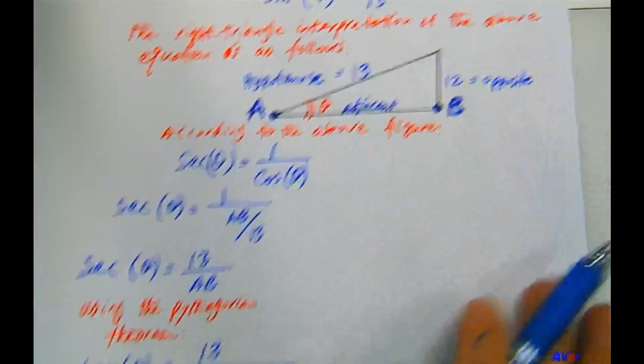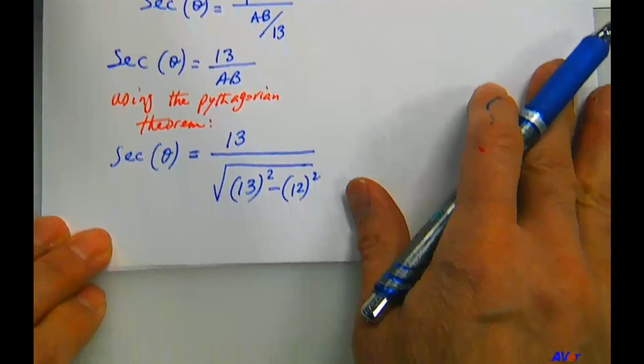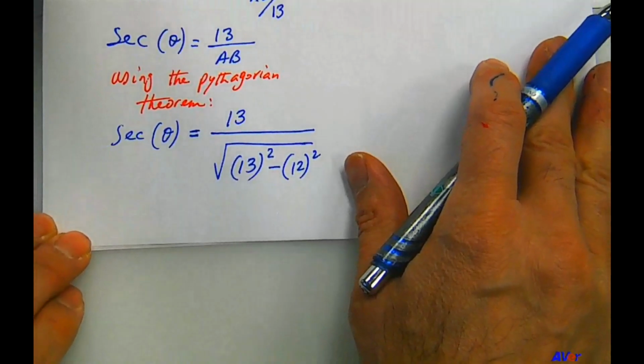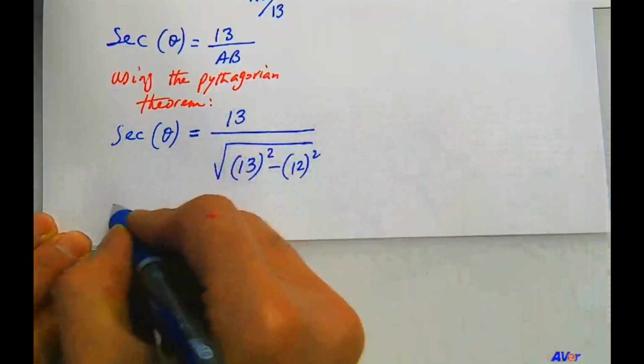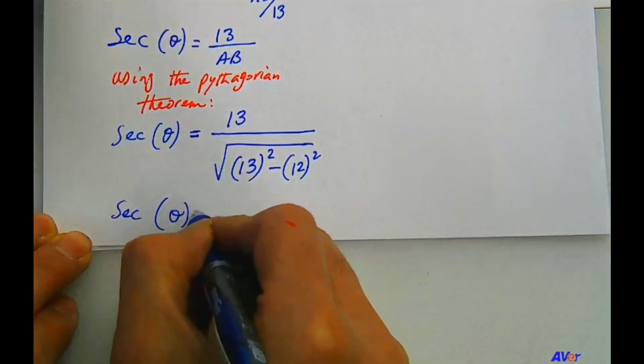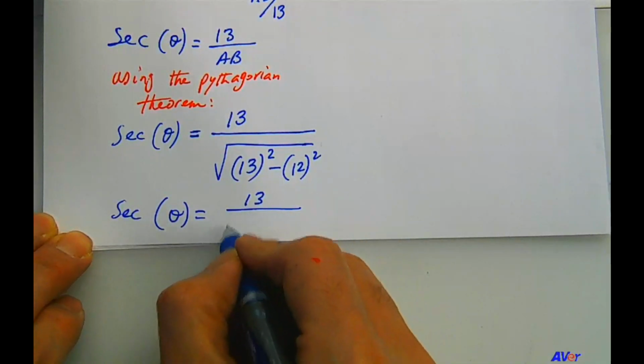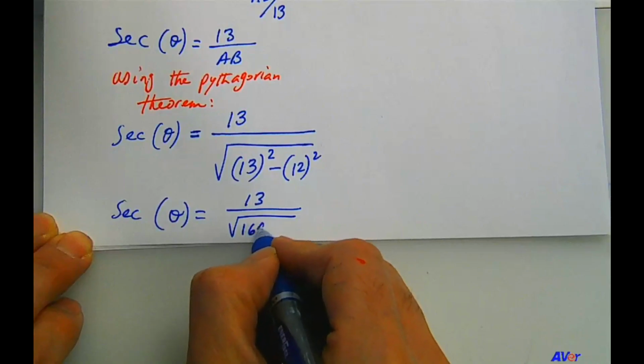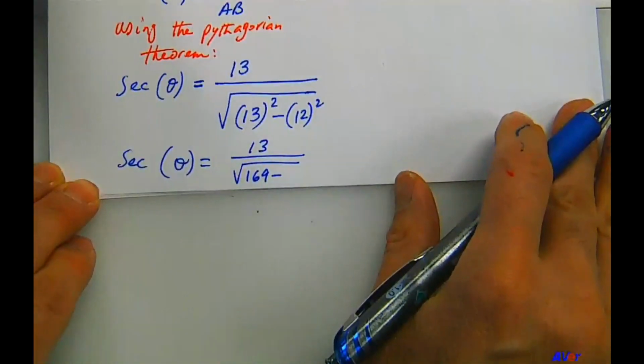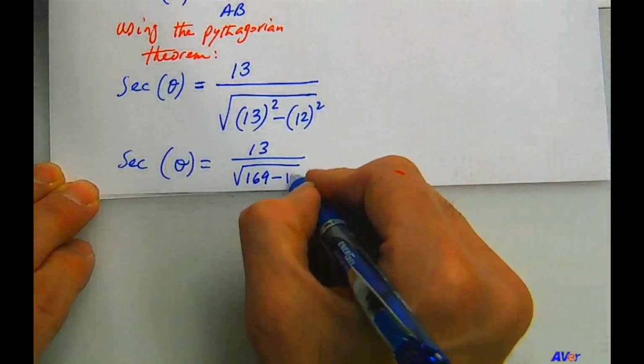Take the square root of that difference, which is what we did here. Then we have secant of theta equals 13 over square root of 169 minus 144.